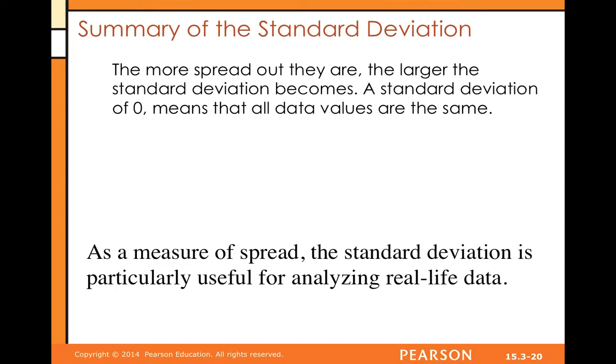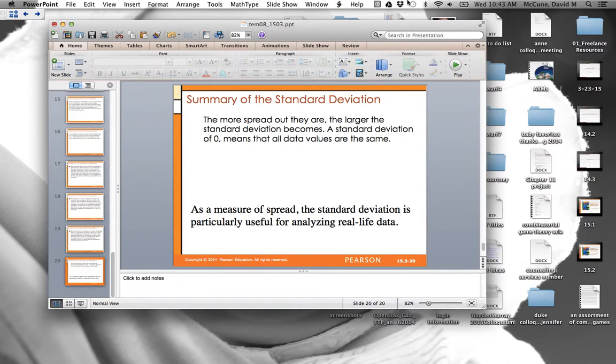So that can be a picture, or it can be a 5-number summary, or it can be a mean and a standard deviation. All of these things are just tools for making data more digestible. And if you didn't have these tools, statistics would be impossible. You are essentially just left with raw data, which, for large data sets, is not terribly helpful. Okay, so that's the conclusion of chapter 15.